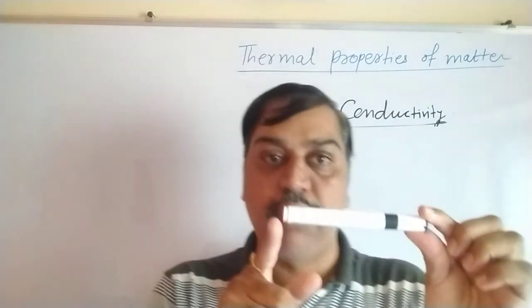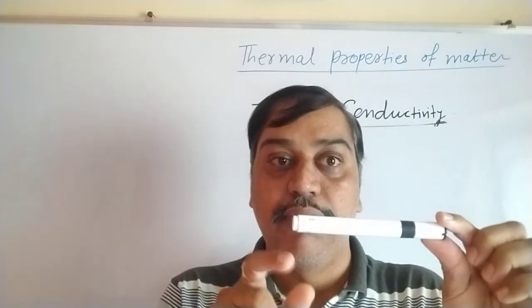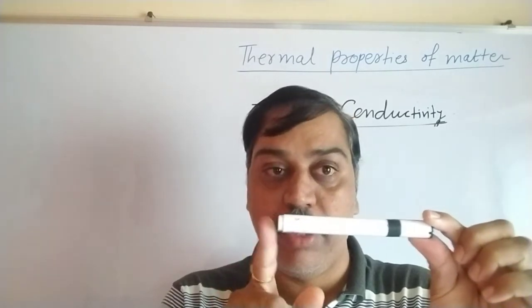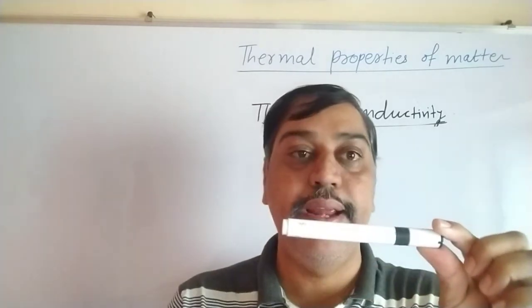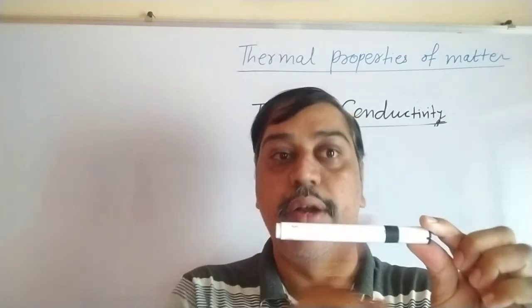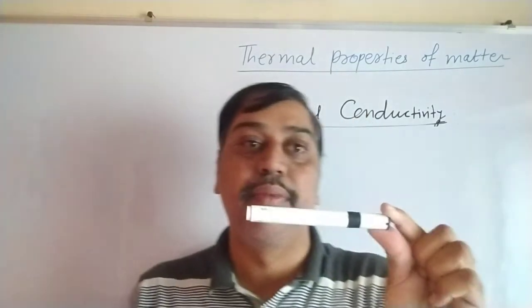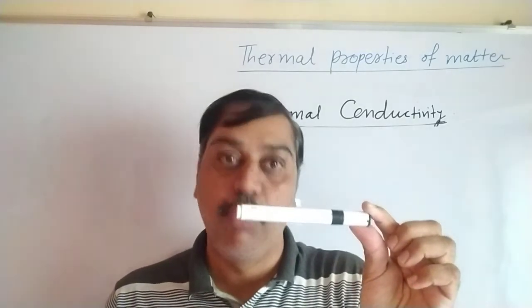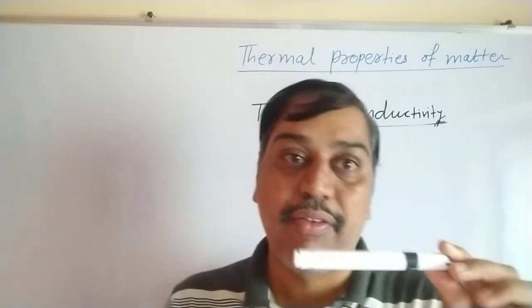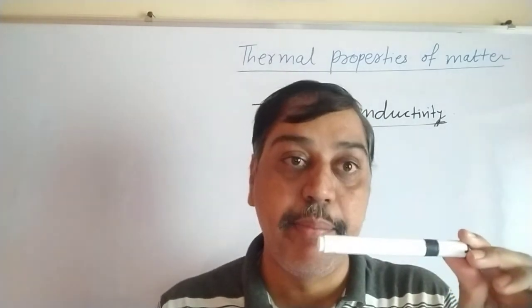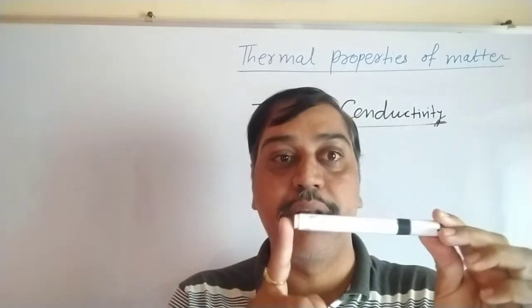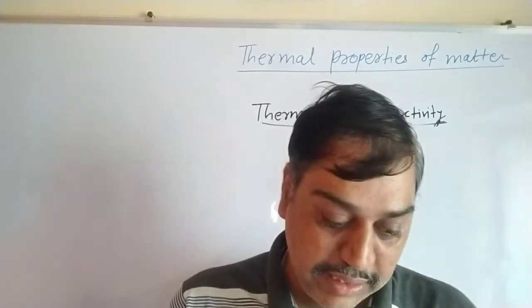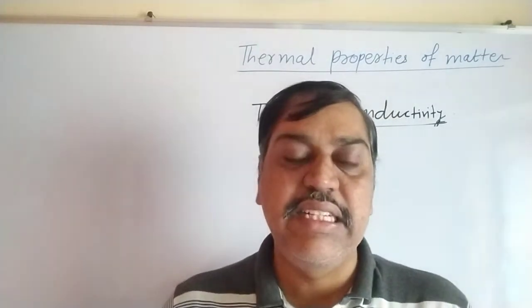So when you heat the hot end, the flame gives energy to this end, and that energy transfers from the hot end toward our hand. That is heat transfer from the hot end to the cold end. After some time our hand gets heated, or we may feel burning due to the higher temperature. That is transfer of heat due to the difference in temperature of the ends. The hot end has a large temperature, the cold end has a smaller one.